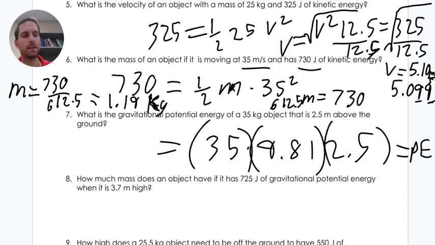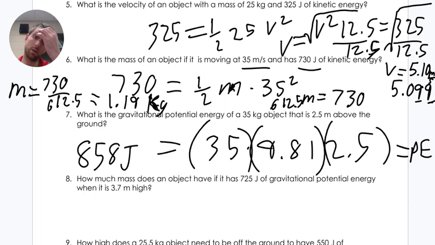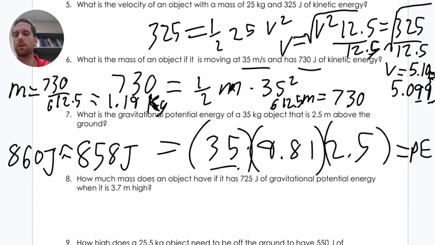So 35 times 9.81 times 2.5. So 858 joules. I guess technically, since there's 2 here, we'd only keep the 2 significant figures, so we do 860 here. It doesn't matter that much.